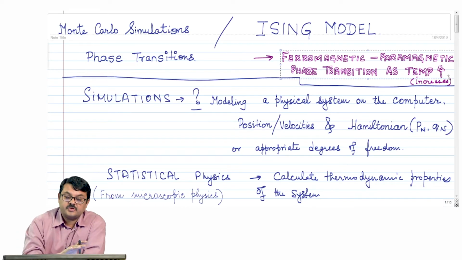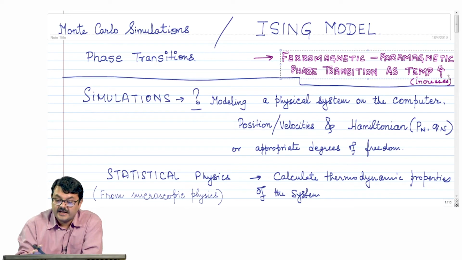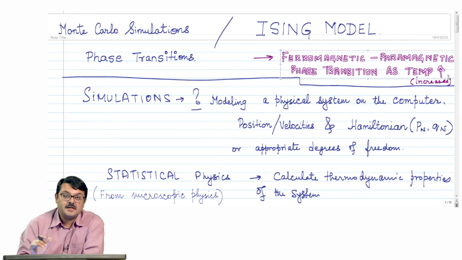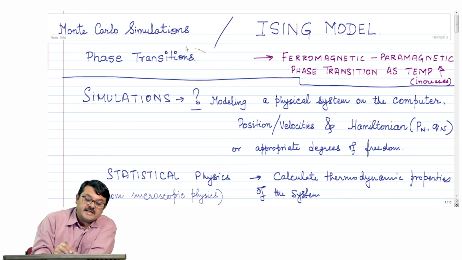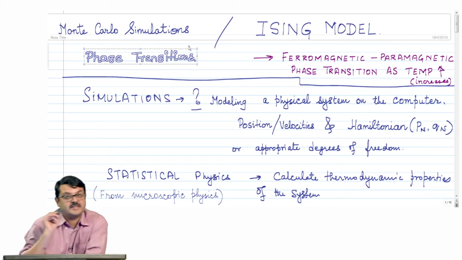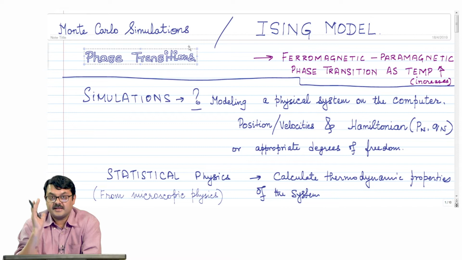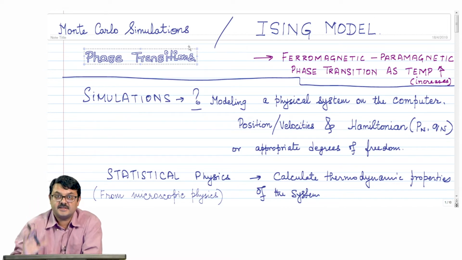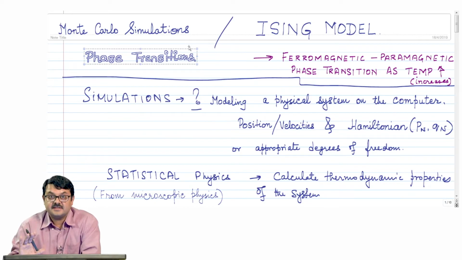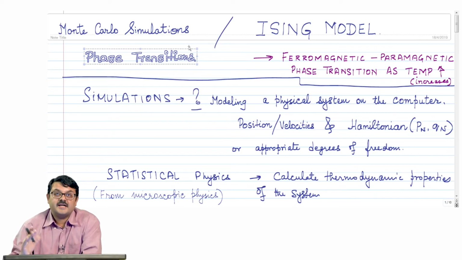Using these Monte Carlo simulations, by which we shall model the Ising model, we shall be aiming to understand the phenomena of phase transitions. The Ising model shows ferromagnetic to paramagnetic phase transitions, and the broad idea is that if you understand the phase transitions in the Ising model, one can extrapolate similar ideas.